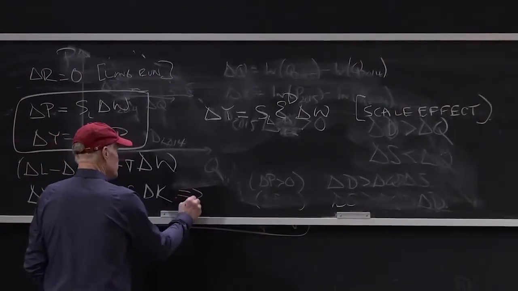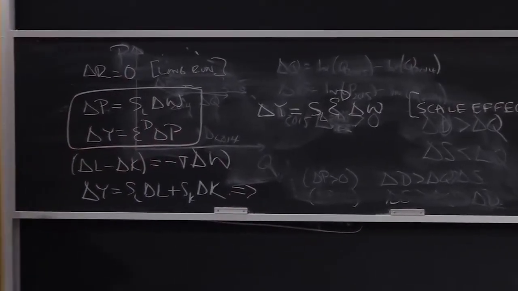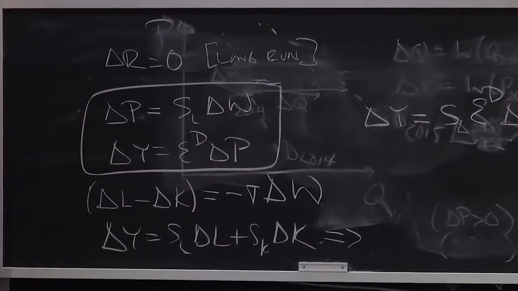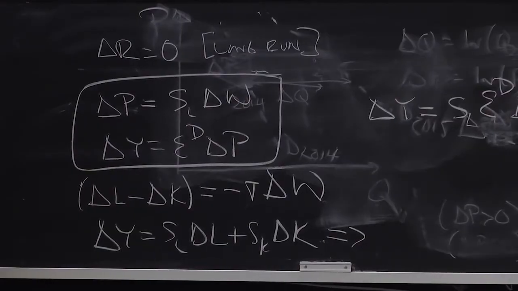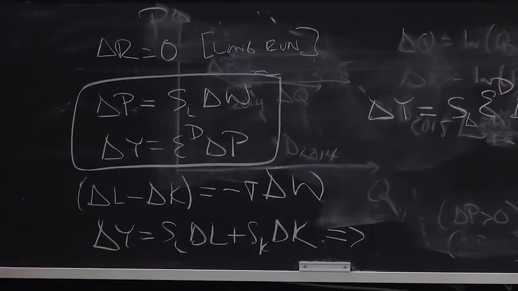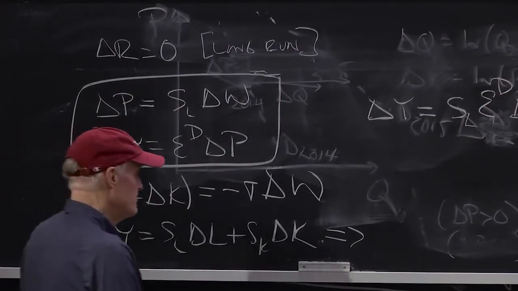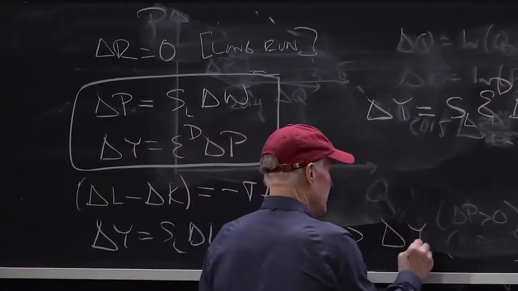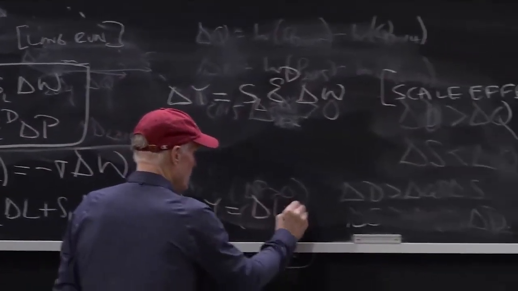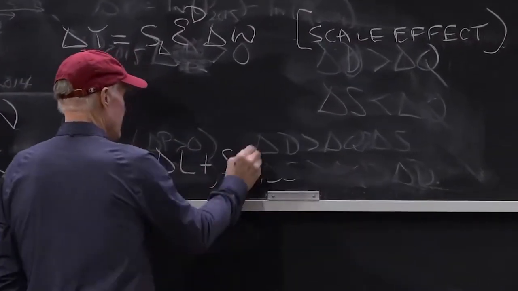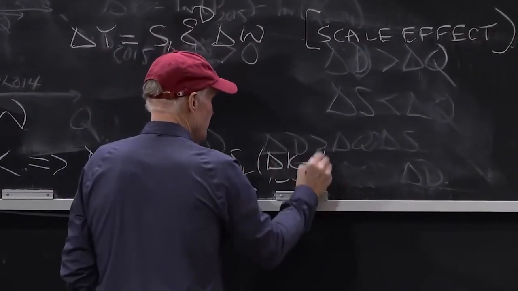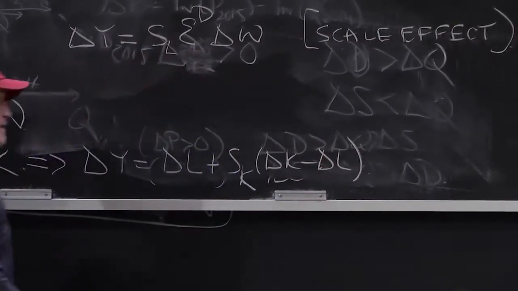How about this equation? Anybody think of a useful way to rewrite that equation? Anybody got an idea how you can rewrite that equation? I've never taught it this way, but I think I see how to do it. What if I were to rewrite this equation as delta Y equals delta L plus SK delta K minus delta L. Does that look right?